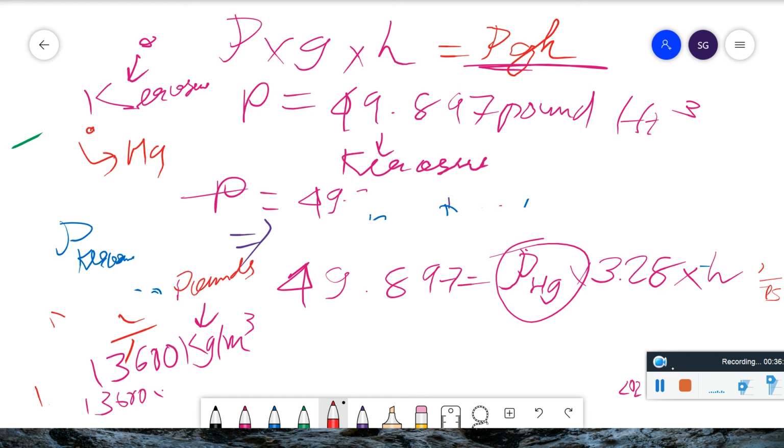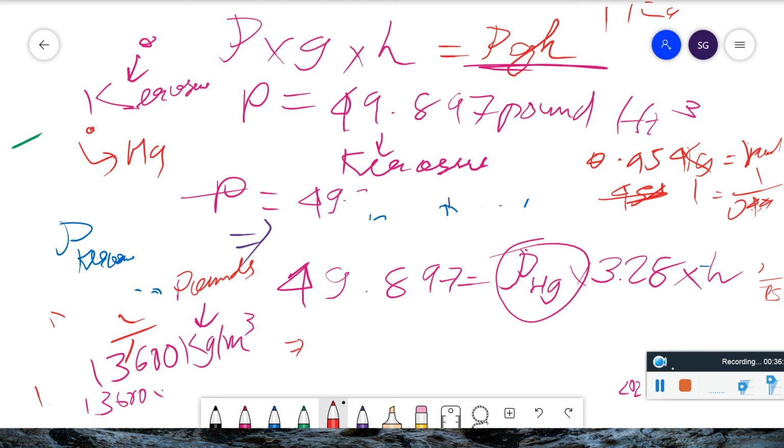Just convert it. 1 kg is equal to how many pounds? We know that 454 gram is equal to 1 pound, so 0.454 kg is 1 pound. So 1 kg is equal to 1 upon 0.454, which will give you the answer in pounds.